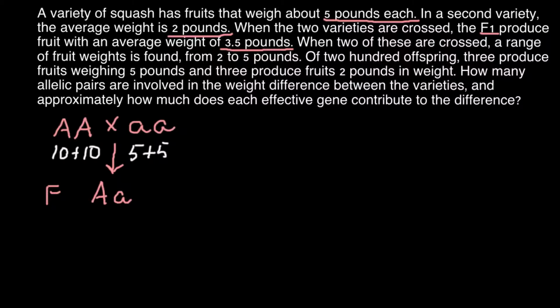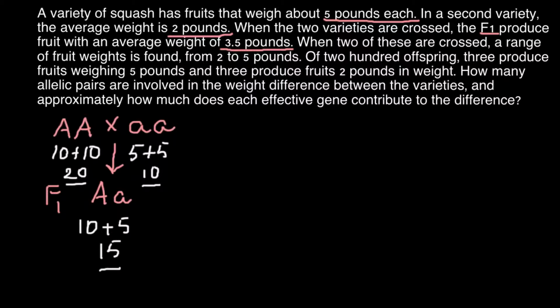So we would have 10 centimeters for the dominant allele plus 5 centimeters for the recessive allele. So the tallness of this heterozygous F1 plant would be 15 centimeters. So here we have a total of 20 centimeters, here we have 10 centimeters, and here we have progeny that is on average 15 centimeters, because this is an additive trait. So this is a short explanation of what we have here.